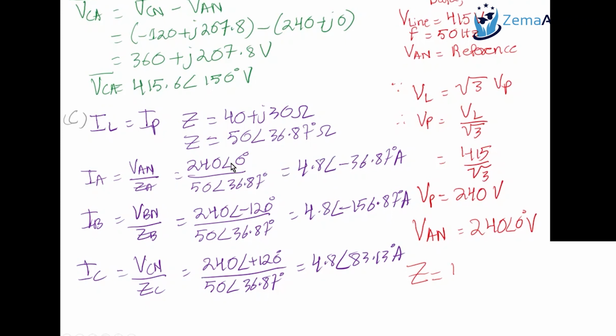We are performing the divisions to get the same magnitudes, but the angles will be different. What if the impedances are different values? Then the magnitudes for each current would be different. This is called an unbalanced system. At the moment, we are dealing with a balanced star connection system.